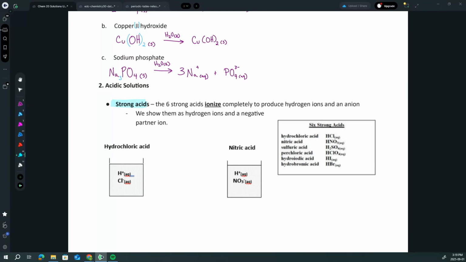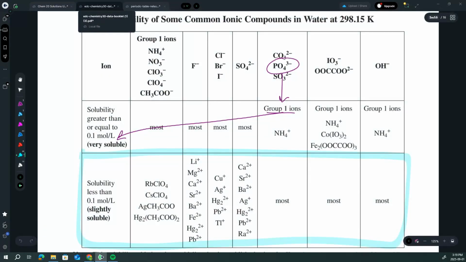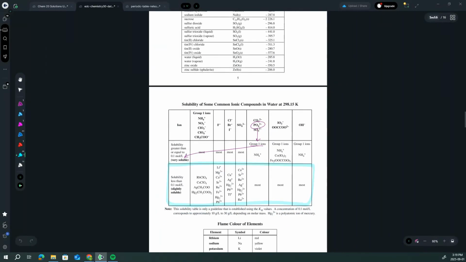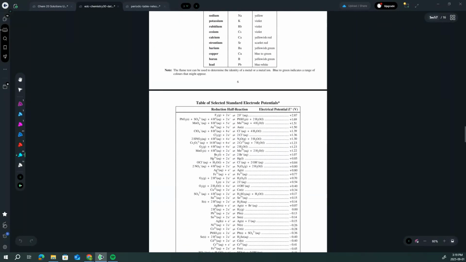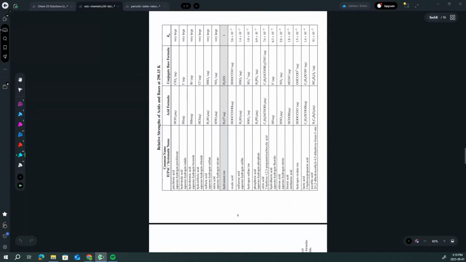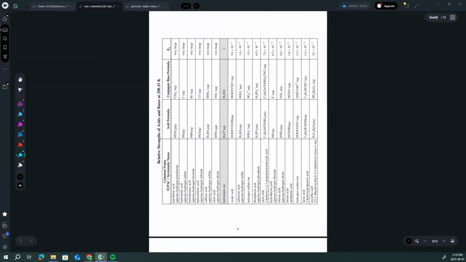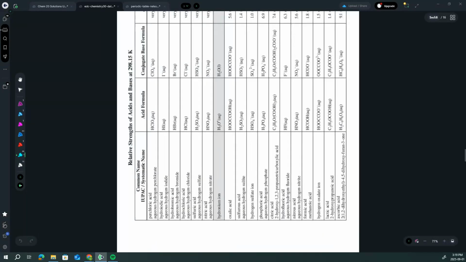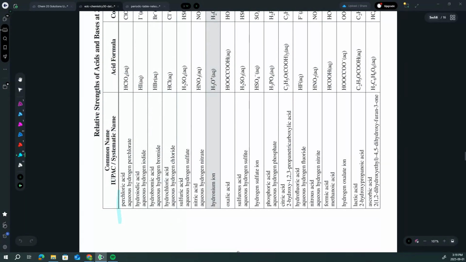in Chem 20, we have 6 strong acids that we need to be aware of. How do we know which are our strong acids? Well, we are going to go to page 8 of the Chem 30 data booklet, and anything above the gray hydronium line is going to be a strong acid.